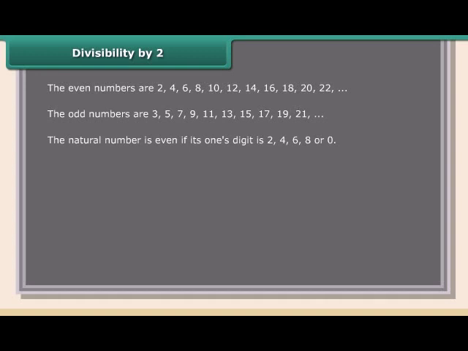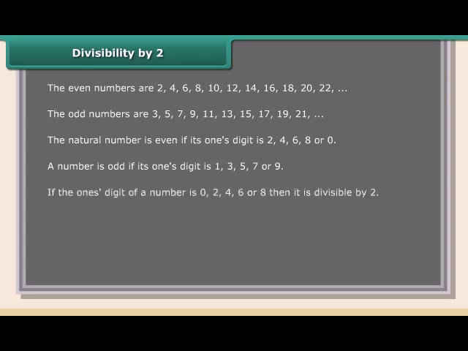The natural number is even if its ones digit is 2, 4, 6, 8 or 0. A number is odd if its ones digit is 1, 3, 5, 7 or 9. If the ones digit of a number is 0, 2, 4, 6 or 8, then it is divisible by 2.